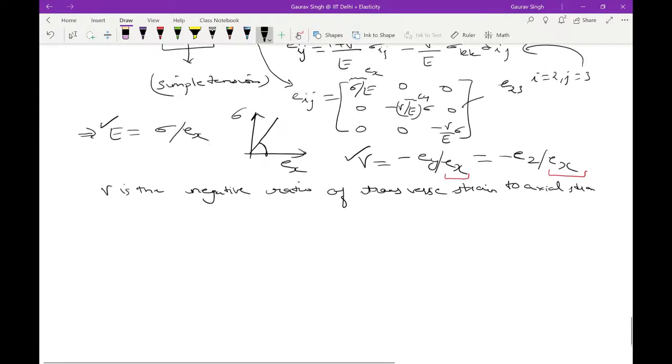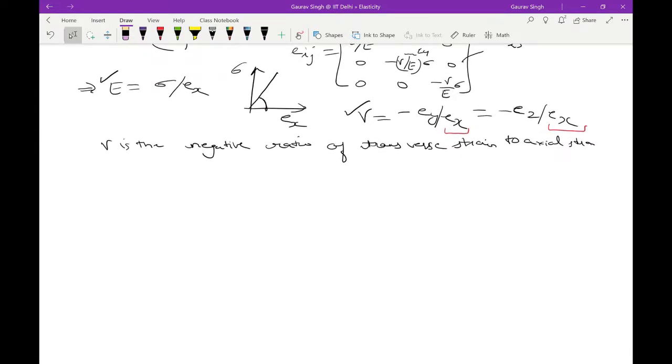Now let's try to look at another test, which is for a round sort of cylindrical specimen like this, and you are twisting it. So this double arrow which is there, it shows that you are not actually pulling it but twisting it.